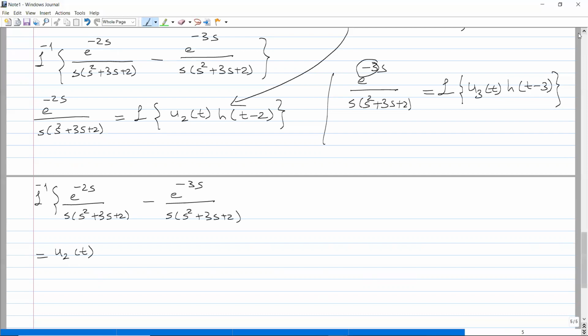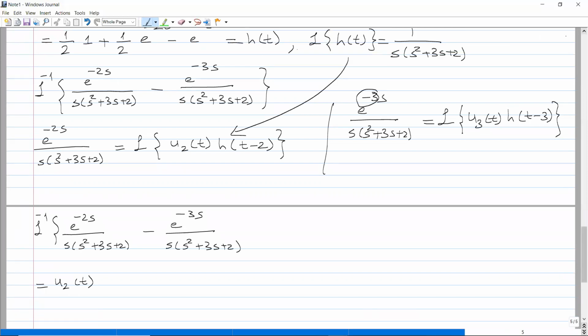Remember the function h. Here it is. In the function h, instead of t, I need to take t minus 2.